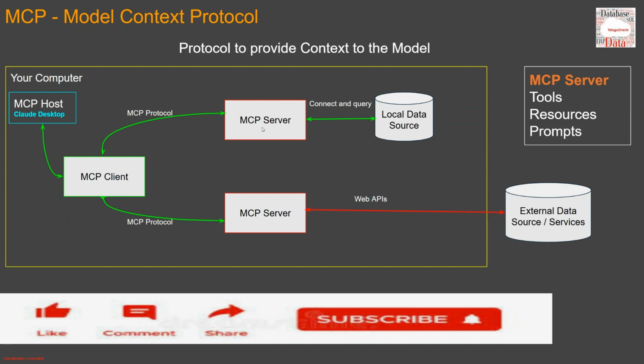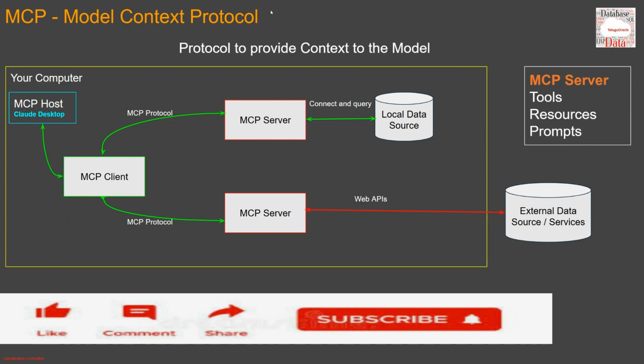As I said, the servers can be of different types. For example purposes, I'm showing a local data source, which can be a locally installed database or even your flat files and CSVs, and one web API. This is for external data services, for example a weather API or any SaaS database, your Oracle ERP Cloud database, or ERP Cloud REST web services.